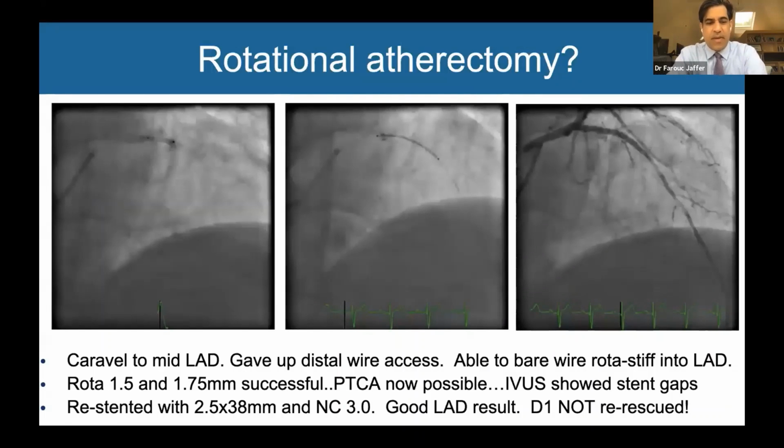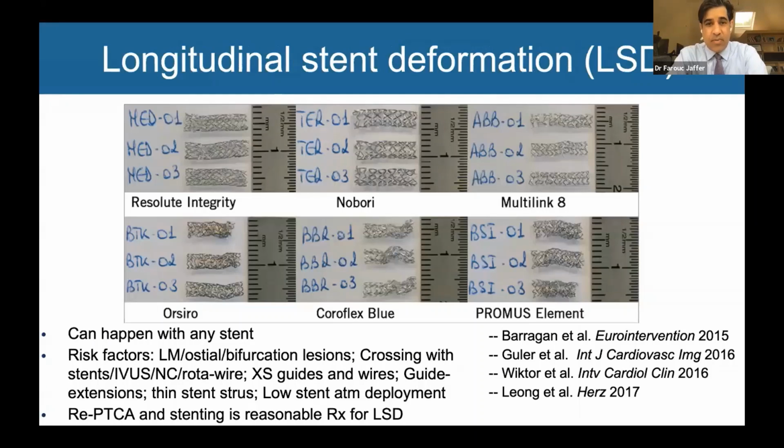So let's just talk a little bit about that for a second. It can happen with really any stent. The risk factors are proximal lesions. And so use of a guide extender near a proximal stent is a risk for interaction. Crossing with higher profile devices when things are on an angle, one can also have a stent hitting another stent.